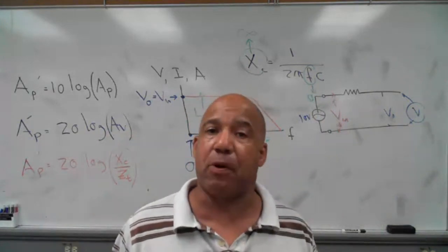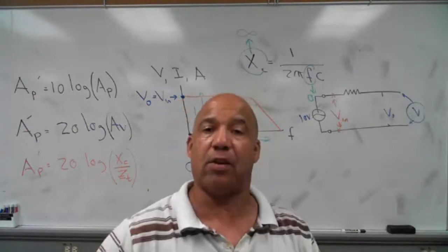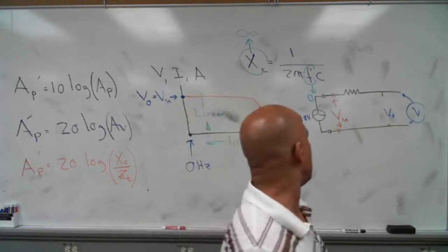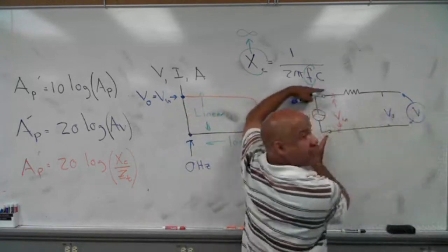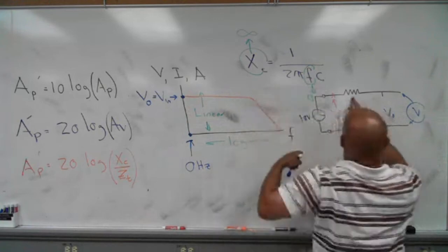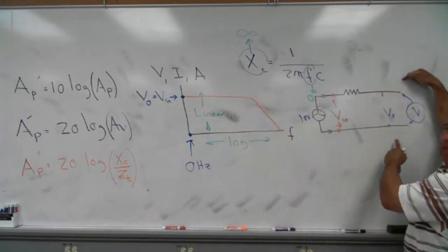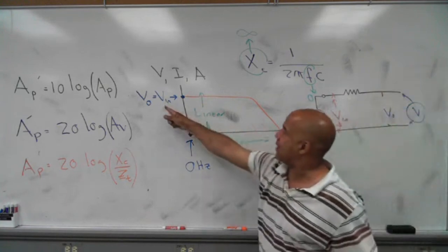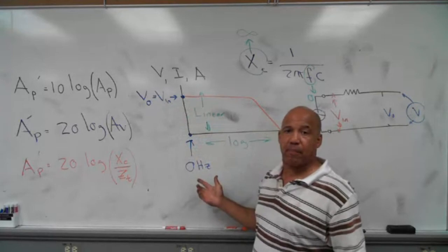There can be no voltage drop across a resistor with no current going through it, because it takes a current to make the voltage drop. So if I imagine this to be a piece of wire, and my input voltage is 10 volts and there's no voltage drop over here, that means my output voltage is going to be the same 10 volts. That's why in the graph, we write this as 0 hertz, V out and VN are the same.